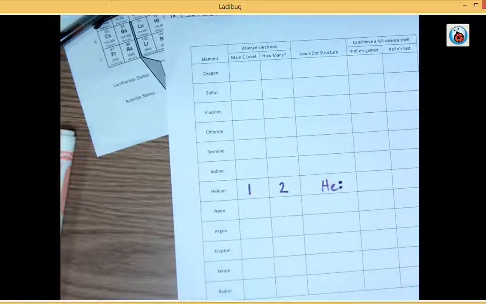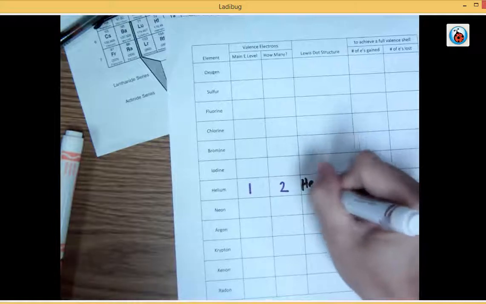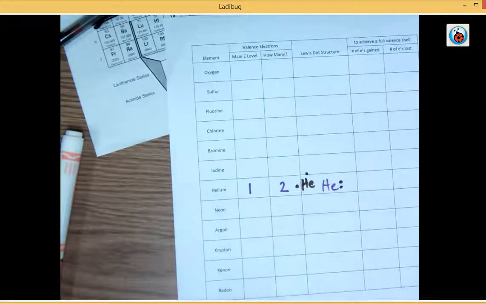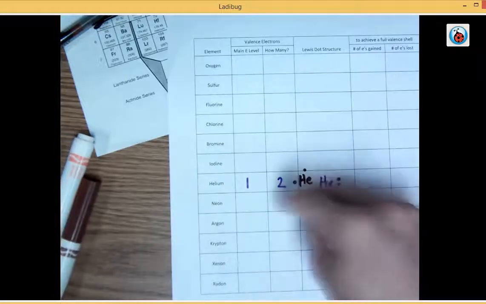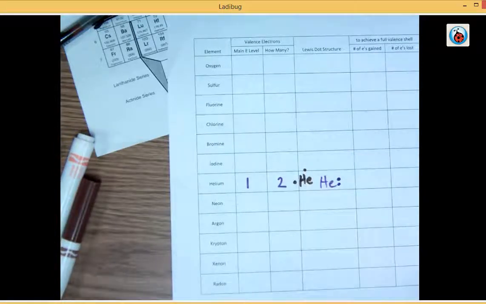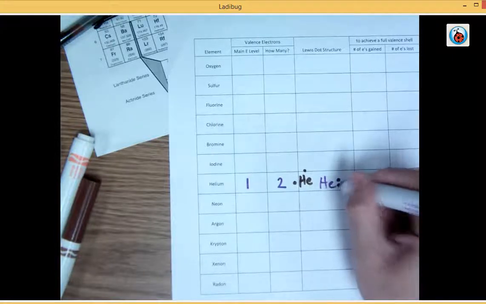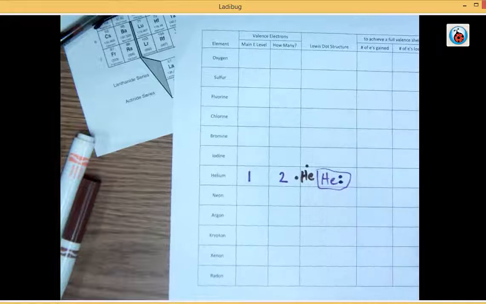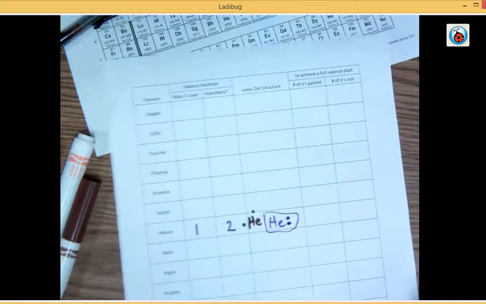Although sometimes you'll see helium looking like this. Some textbooks, some places will show it like that. But that just doesn't look like it's a noble gas because it doesn't look full like that. When they're paired like this, we can show that it's a full shell, a full first energy level, and it's a noble gas.